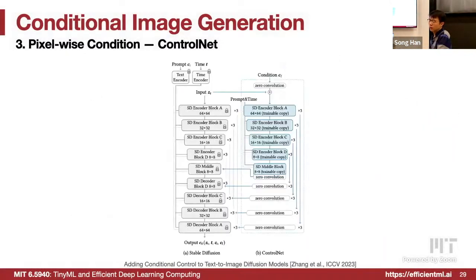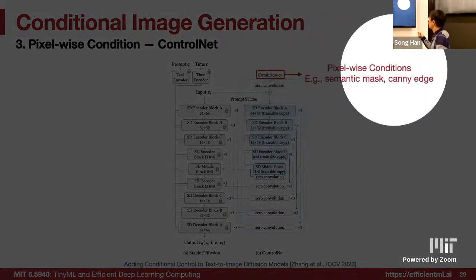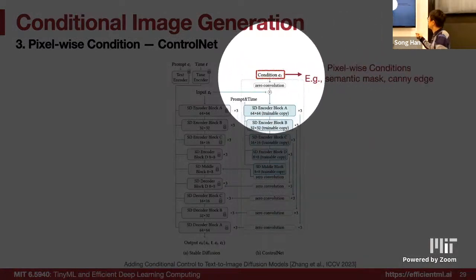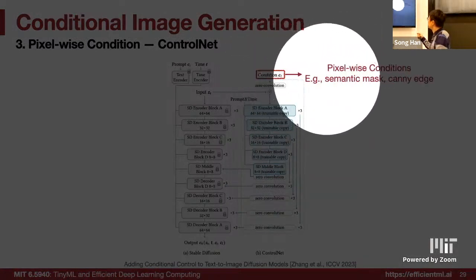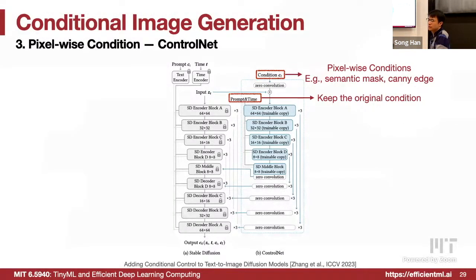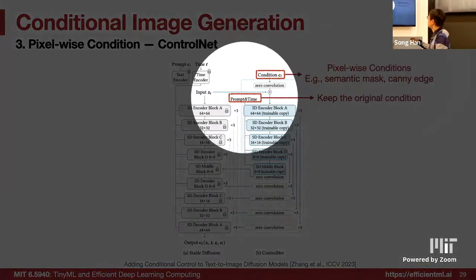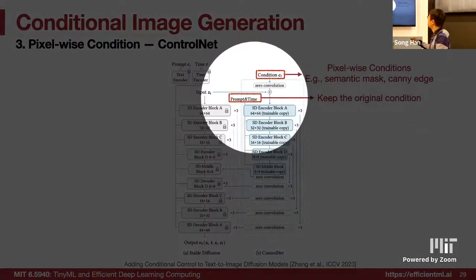So let's dive one step deeper to expand that image. We add these pixel-wise conditions from here on the right-hand side. It could be either the semantic mask, any edge, whatever pixel-wise information you want to insert. And we keep the original condition, including the text prompt and also the time step.